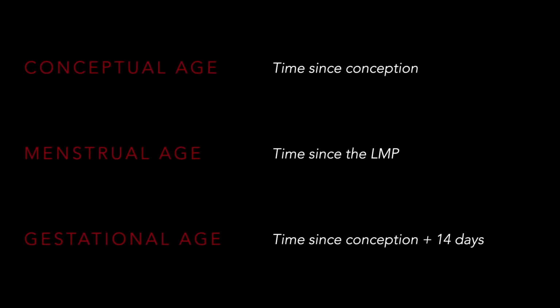It's not necessarily the most common one used because it certainly requires some knowledge of when conception happens. And since theoretically it can happen anytime in the menstrual cycle after ovulation, there's going to be some variability in the conceptual age. But from a pure, definitional academic perspective, conceptual age is the time since conception, right?